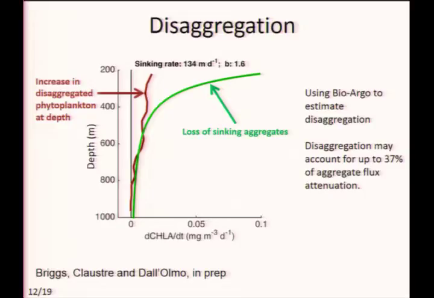Here we have depth, and this is essentially the rate of change of the number of particles. Not only is he able to get at how quickly these particles are being lost from the system, so effectively attenuated, but he can also put a number on what fraction of that is actually coming from disaggregation. So we're starting to get to the important numbers we need for putting these processes into models.